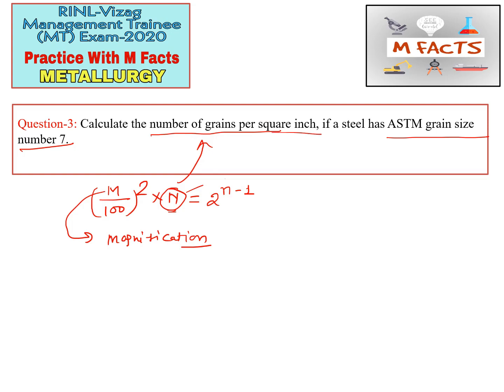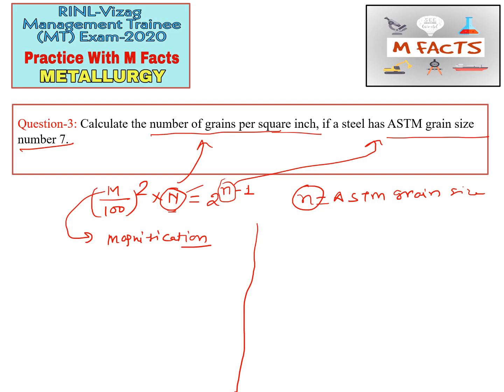And this n is the ASTM grain size. So don't be confused with both the n's. The small n is the ASTM grain size, and the capital N is the number of grains per square inch. So for this question we will see how to approach this type of question.